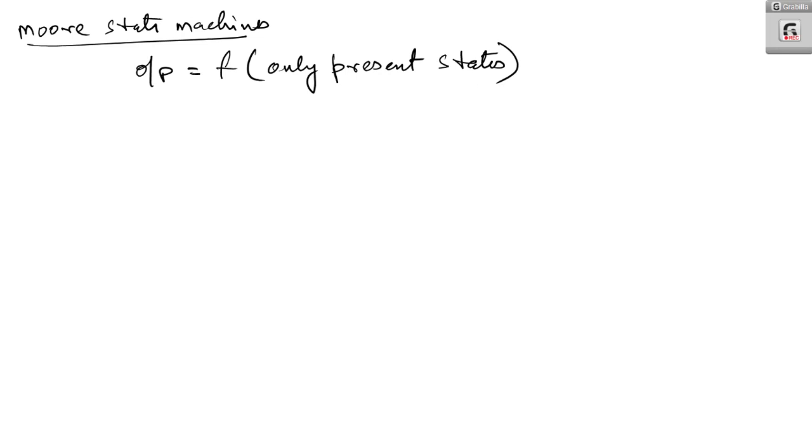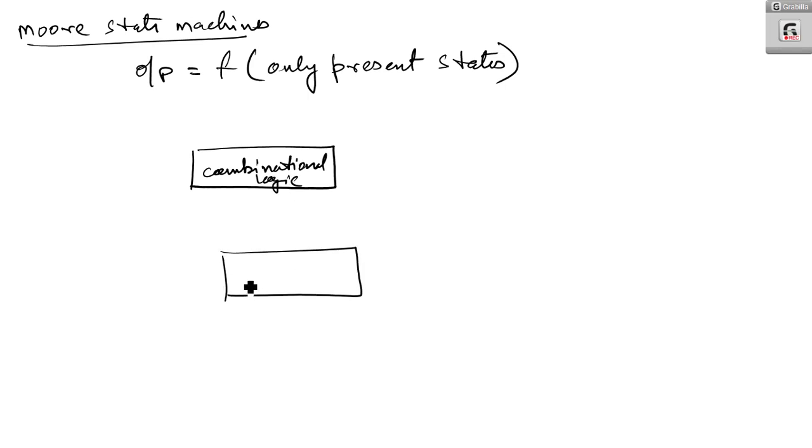That is, if you are drawing the block diagram for a Moore state machine, you are having a combinational logic. Then what you are having is memory.